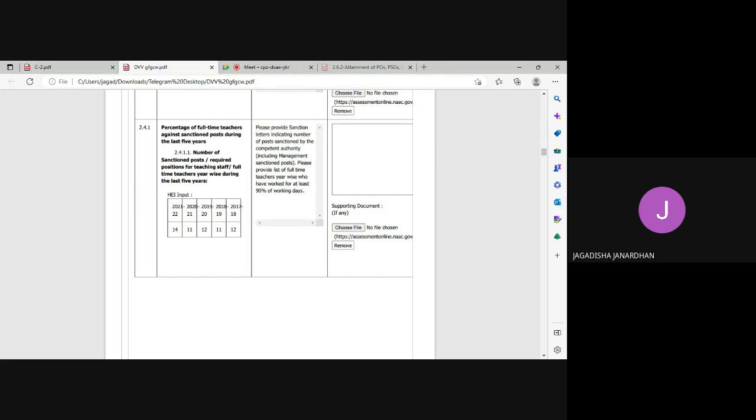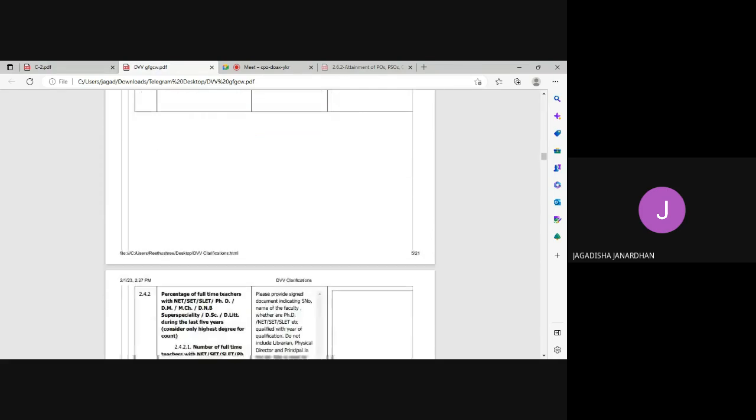But for this question, 2.4, full-time teacher means for total 90% of the working days, he should be available. If not, then they cannot be considered even though they have been appointed. So for that particular year, if they have worked for less than 90% of working days, they cannot be counted for this metric. That is the one point we need to understand.